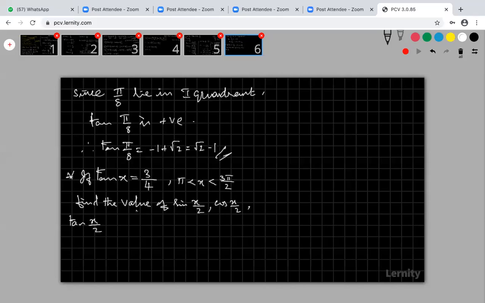Look at that, tan x is only given here, not tan x by 2. Only tan x is given. You have to find out the sin x by 2, cos x by 2, tan x by 2.